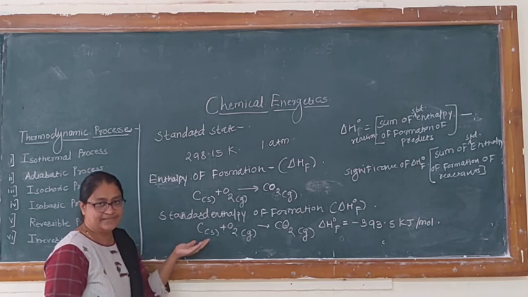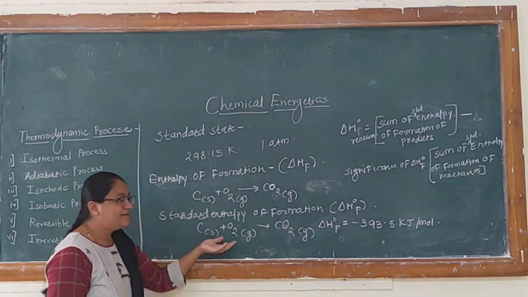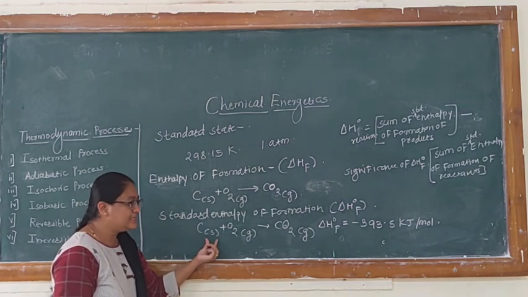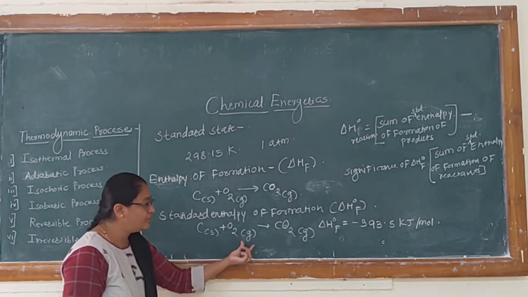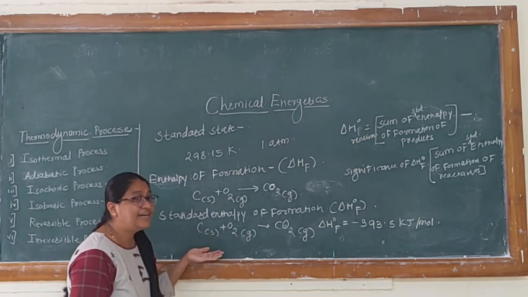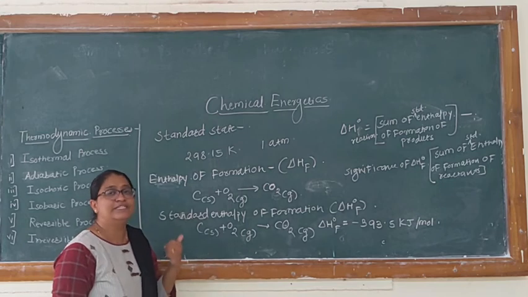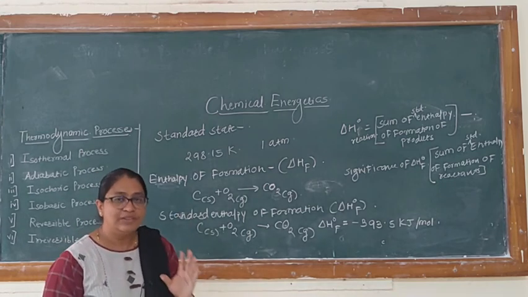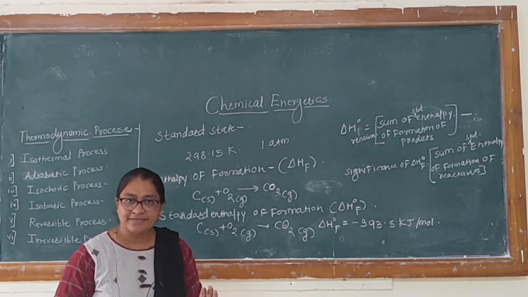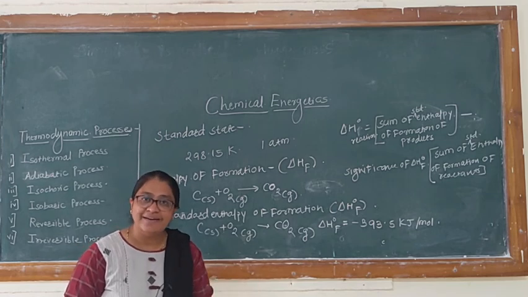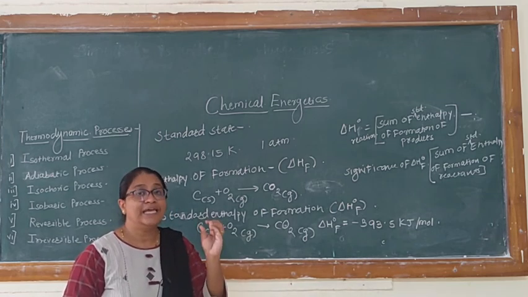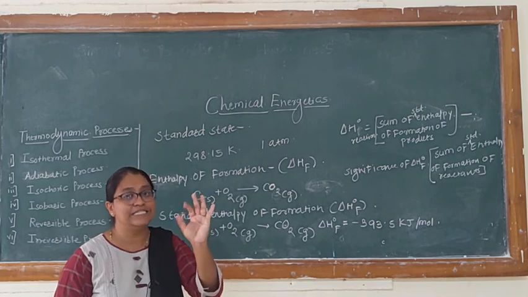Now these are the elements. In the standard state, carbon is in solid form and oxygen is in gaseous form, and their standard enthalpy of formation will be zero, because I have told you that for elements in the standard state, the enthalpies of formation are zero.